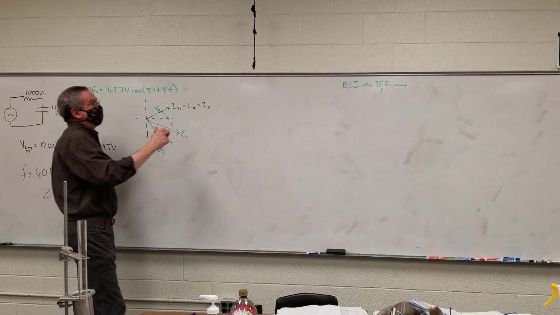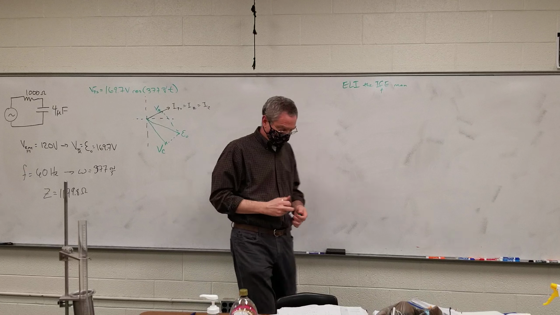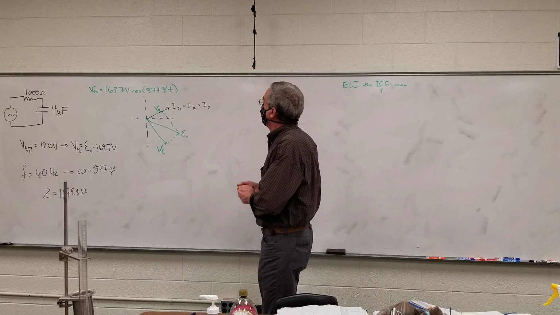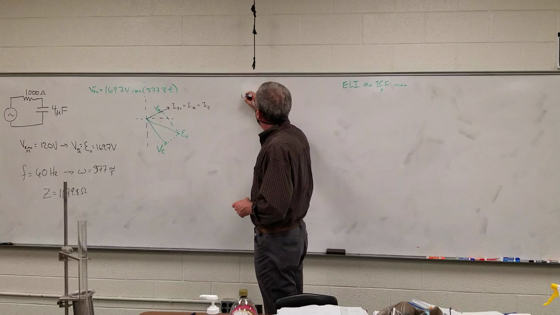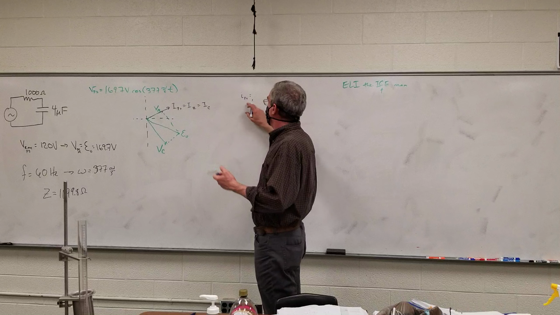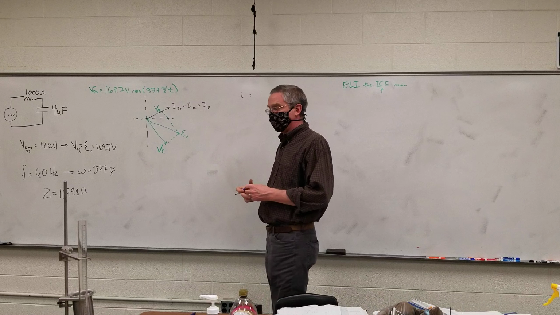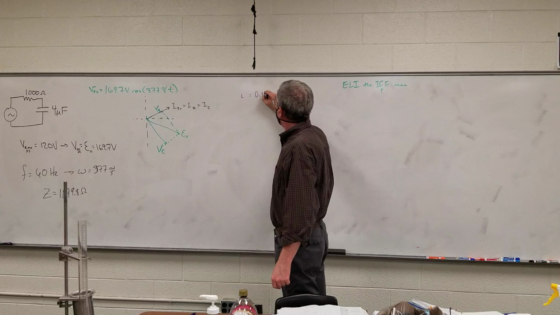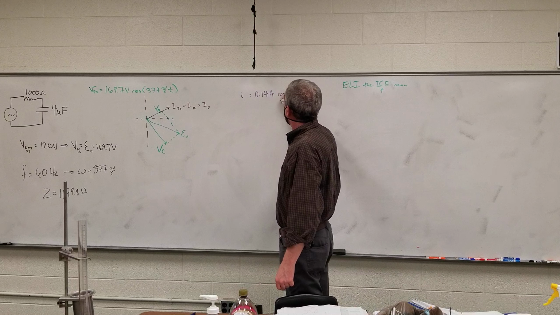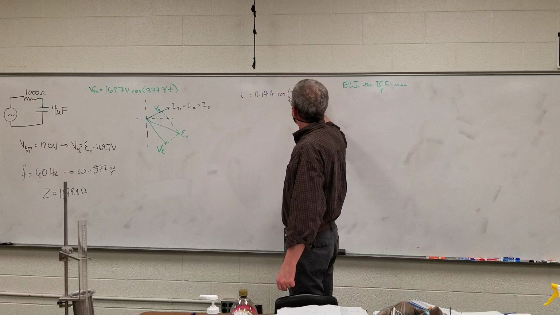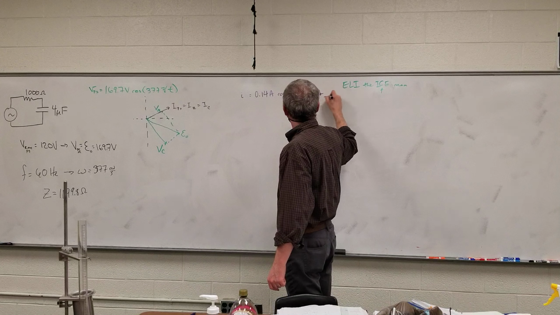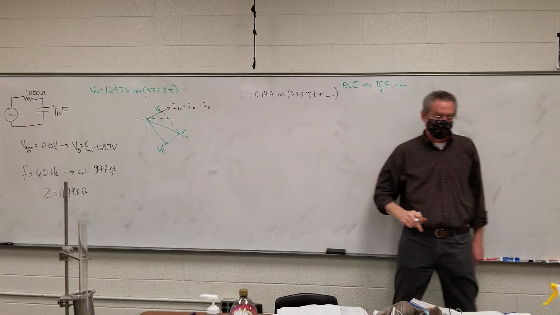So when we came up with the formula for the current from the power supply, or actually it's the current from pretty much all of them, since it's the same current through a series circuit, we had 0.14 amperes times the cosine of 377 radians per second times time plus, and that is where we left off last Tuesday.